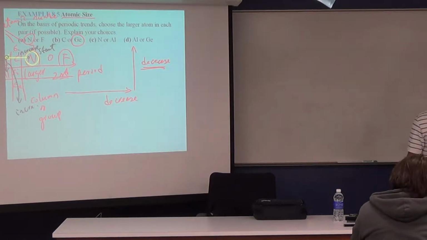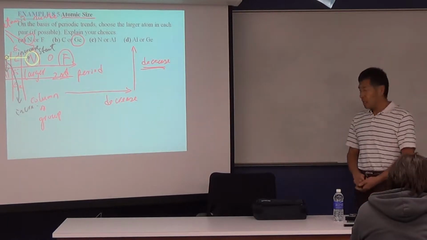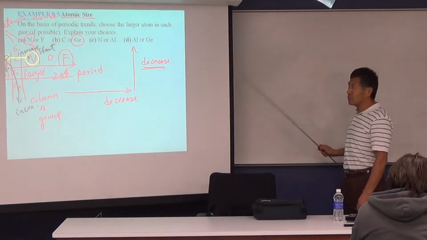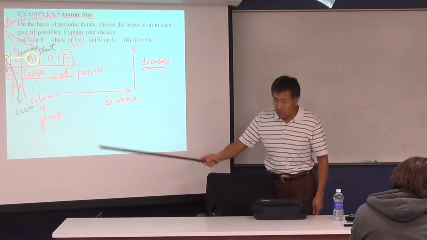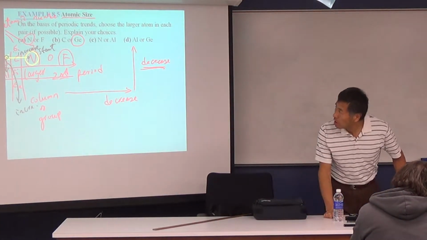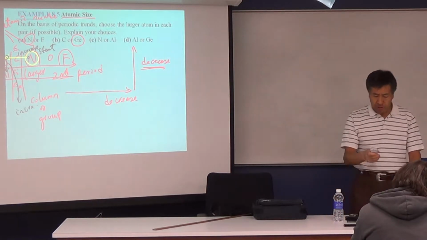You have two arrows, both of them increase, and that means you know right away that Al is bigger, because you start from N, increase one step, then go to another step and increase again.